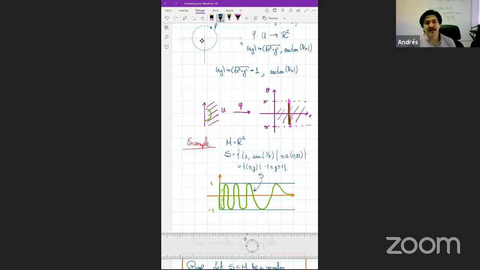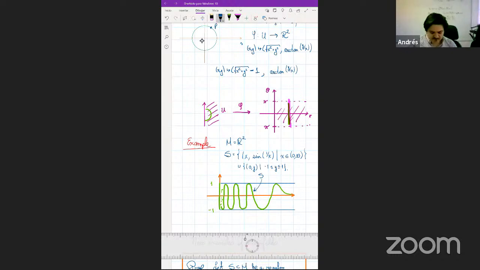Very good. And then now this S is exactly an example that is connected, but is not path connected. Okay, basically what we have added is the closure of S.